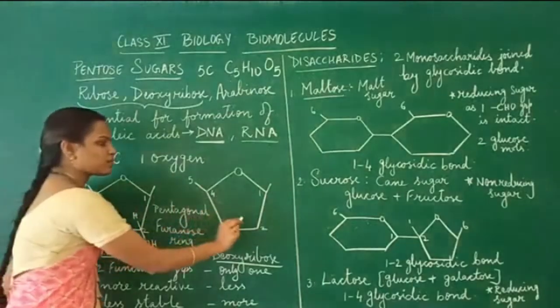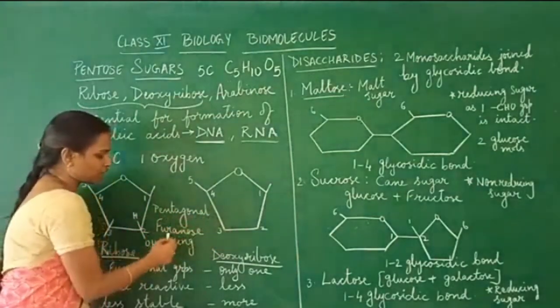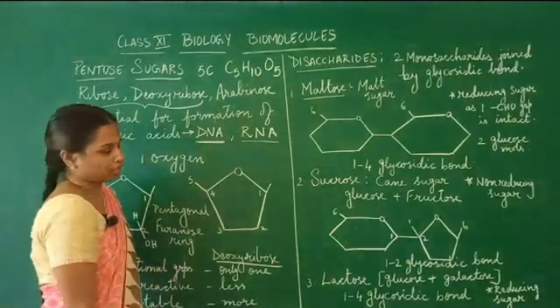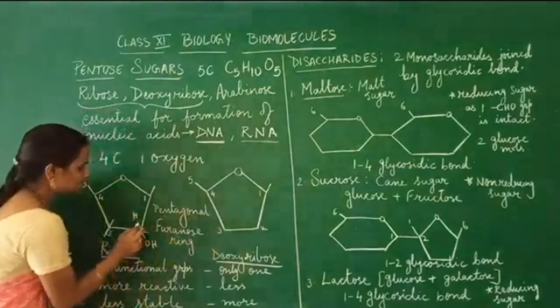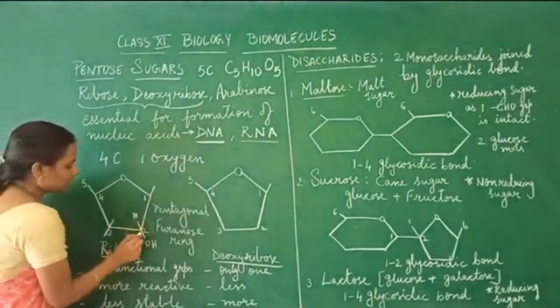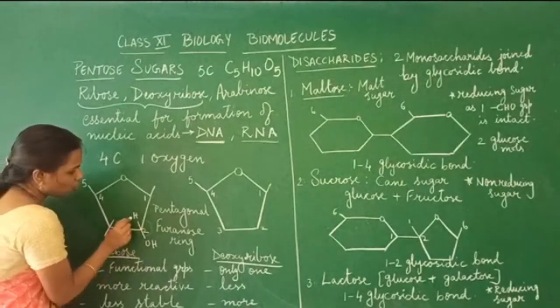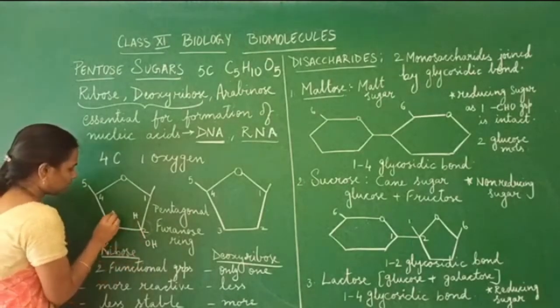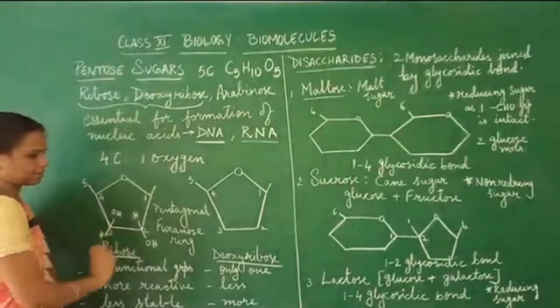The deoxyribose also has the same structure with a pentagonal ring and the furanose ring. But the difference is at the second carbon atom. Here in the second carbon atom, you can see that there are OH and H, and you have OH and H over here in the second and third.